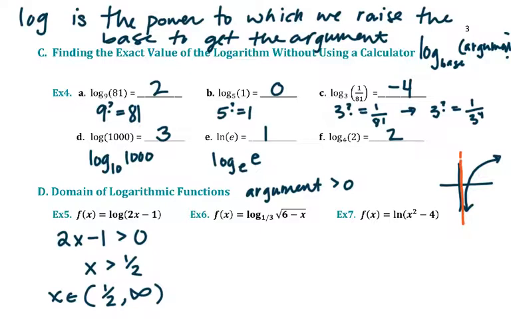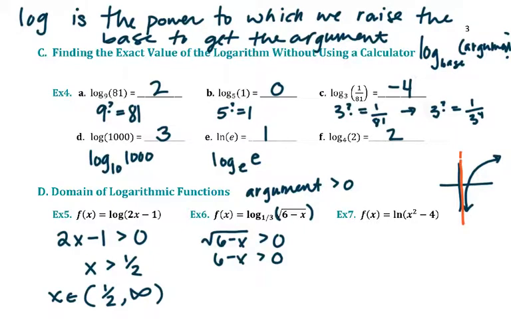Example 6 here, f of x equals log base 1/3 of the argument square root of 6 minus x. So in this case, the square root of 6 minus x has to be greater than 0. If we square both sides, that cancels the square root on the left, and squaring 0 still gives us 0.